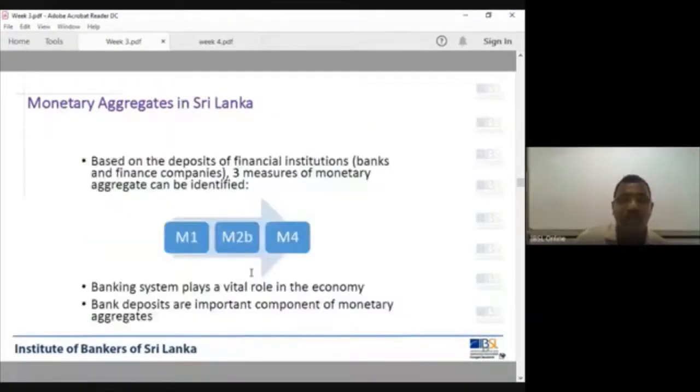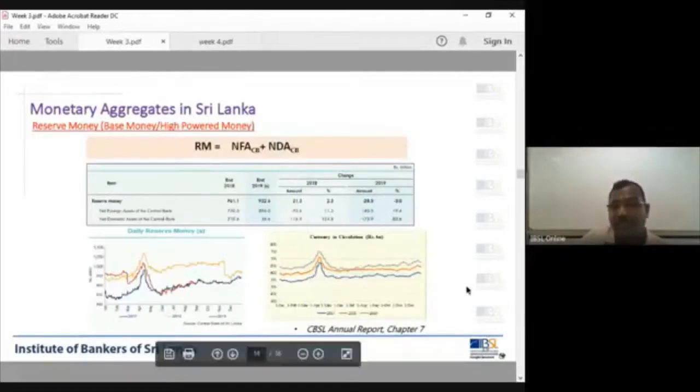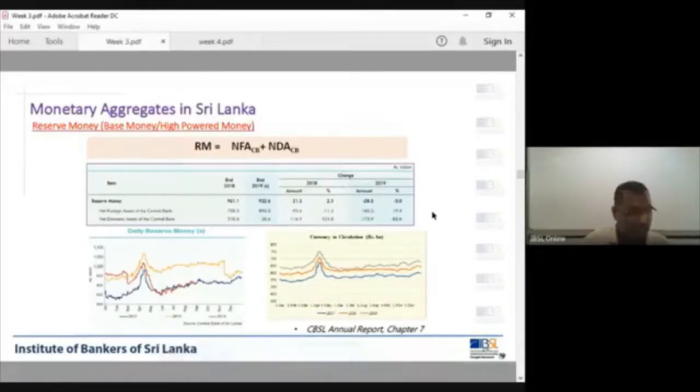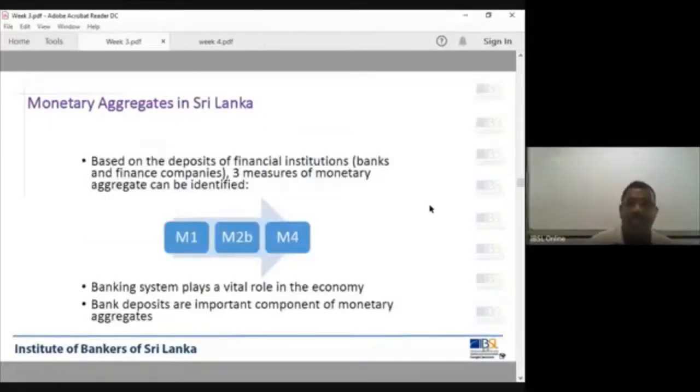Now let's move to today's discussion. We talked about reserve money last week, and I just gave an update based on recent developments. Now let's move to the second part of our discussion. Last week we realized that in the economy there is more money than that issued by the central bank.